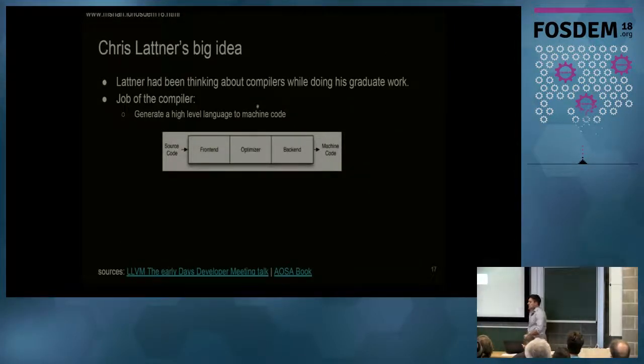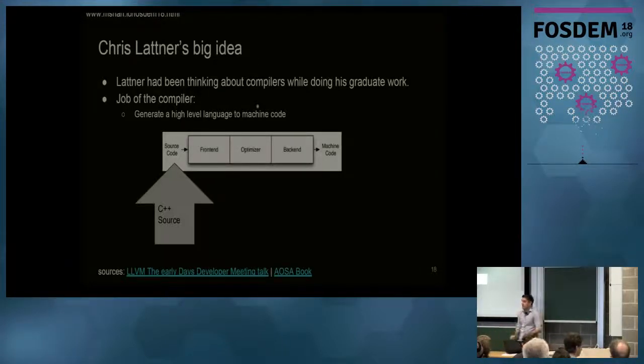But I want to talk about Chris Lattner's big idea. This was from him himself when he was a graduate student in the early 2000s. He was thinking about compilers early on during his graduate work. If I briefly refresh the idea of the compiler, it's to translate a high-level language to machine code, right? We don't write in ones and zeros.